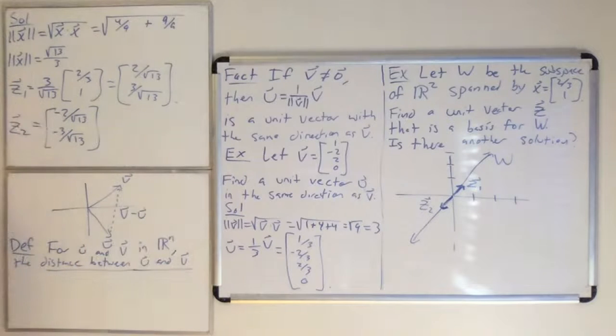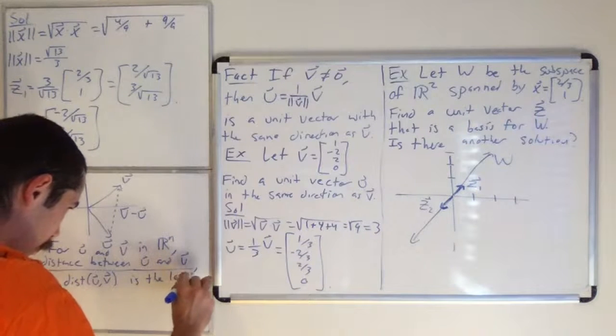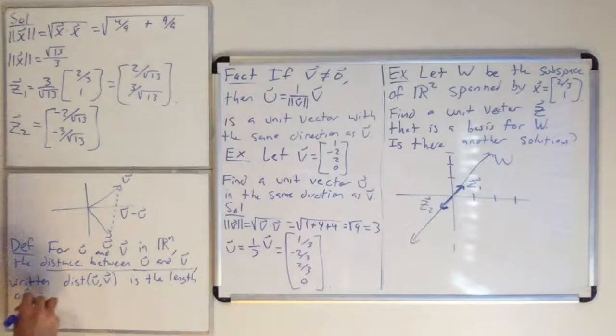So for vectors u and v in Rn, the distance between u and v, which we write as distance between u and v, is the length of the vector u minus v, or v minus u.